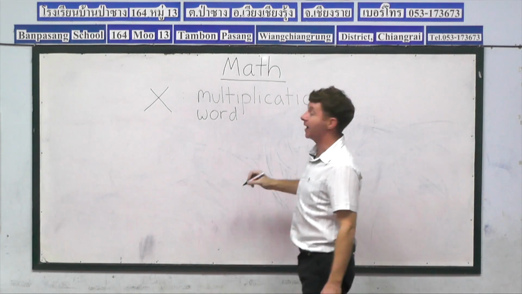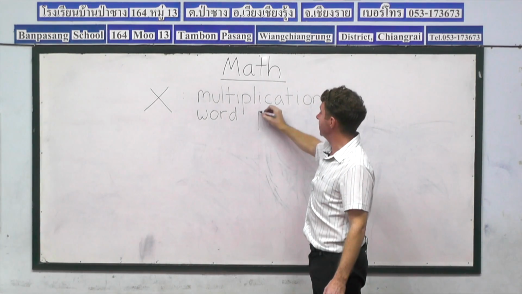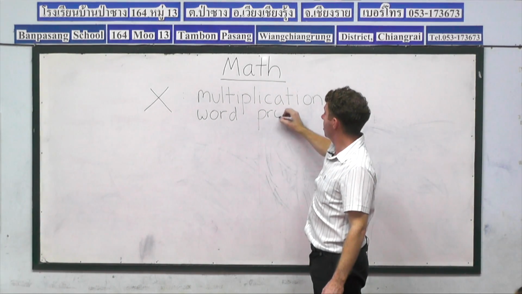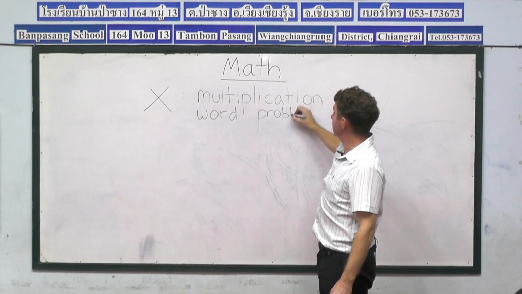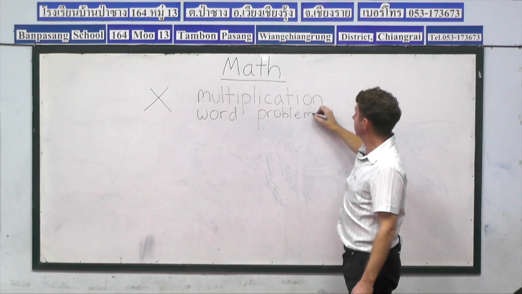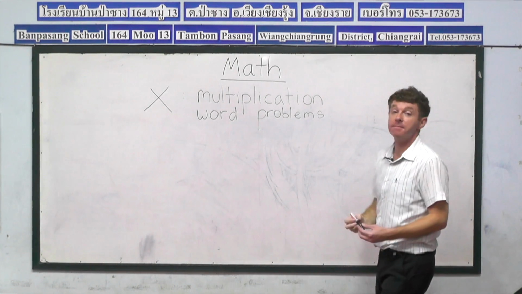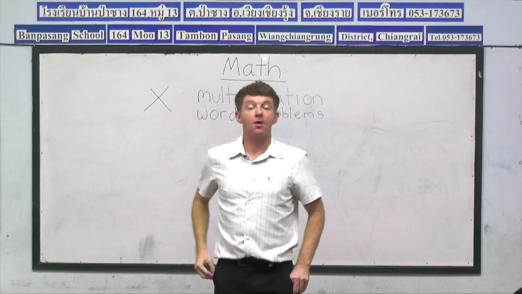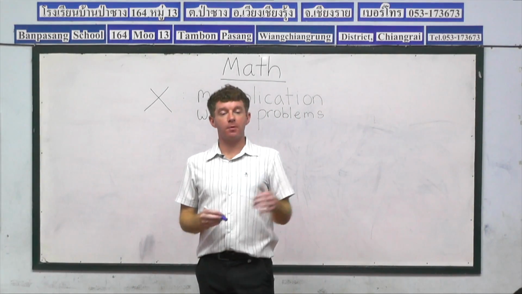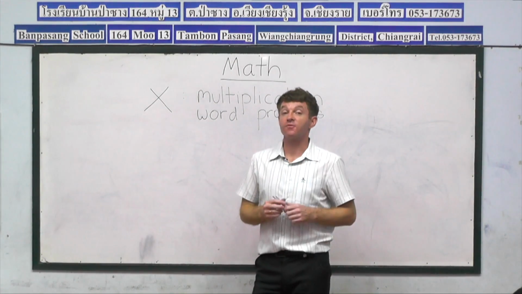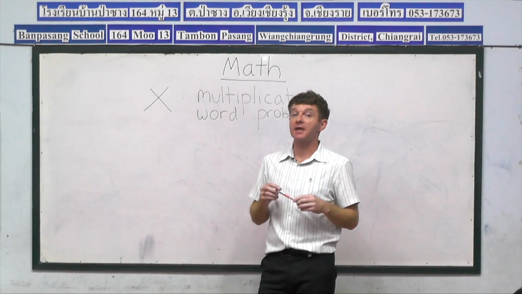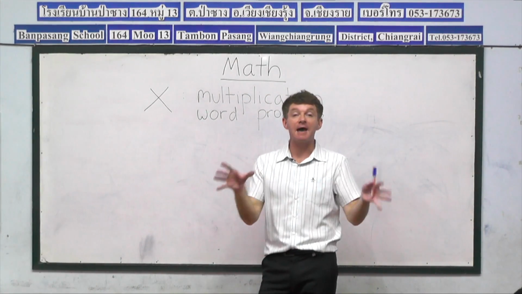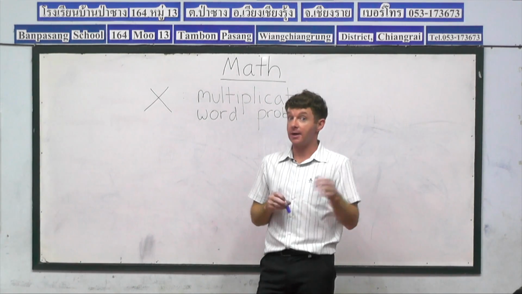And problems, P-R-O-B-L-E-M-S. Multiplication word problems. Okay, so first of all, I will write a multiplication word problem and then have a student come forward and work out the answer.